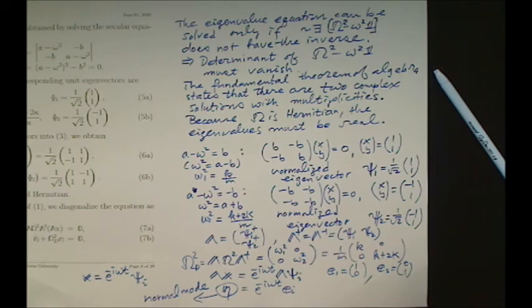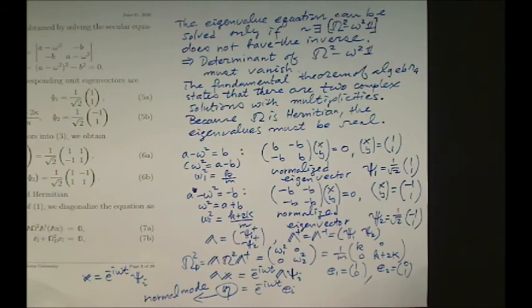The fundamental theorem of algebra tells us that there are complex solutions. For a 2 by 2 matrix, the determinant has a quadratic form in omega squared, and there must be two omega squared. In case they are the same, a double root can be considered as multiplicities. So with multiplicities, there should be 2 eigenvalues.